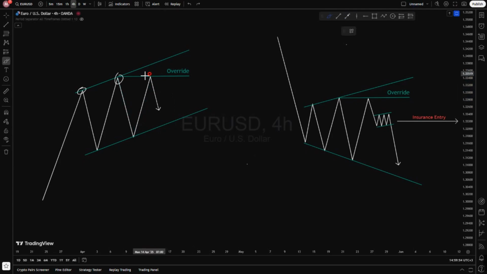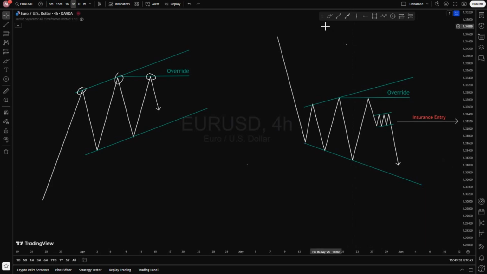But instead, price comes up short. It doesn't reach that trend line. Instead, it forms a double top just under the third touch and starts rejecting hard with aggressive candles, maybe even a bearish engulfing. That's your override. The third touch never came, but the market gave you a signal, a valid one.